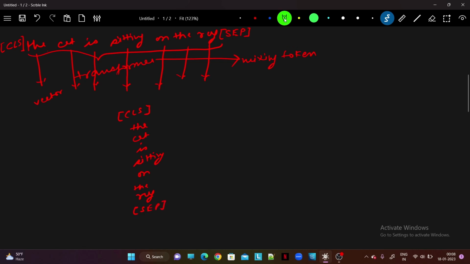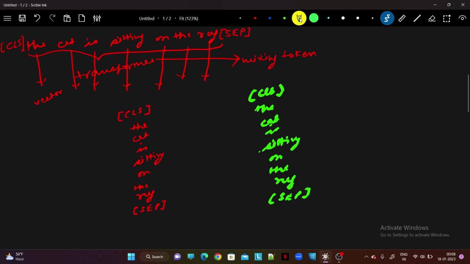And again, let's copy this here. CLS, the cat is sitting on the rug, SEP. Now what would a transformer do? The transformer will simply try to find the relationship between these words. If I'm calling them words, they're basically tokens.